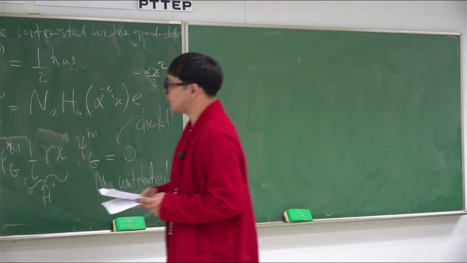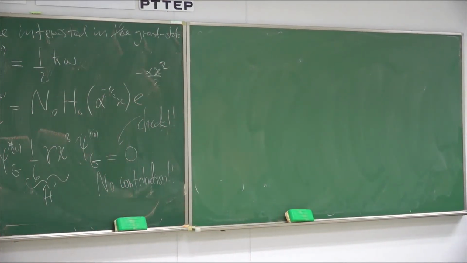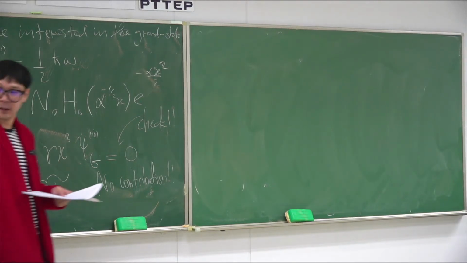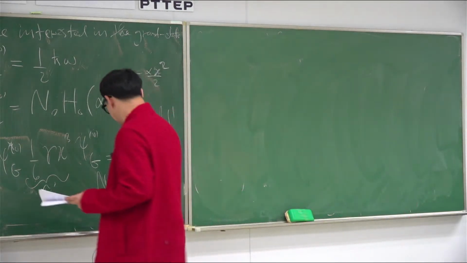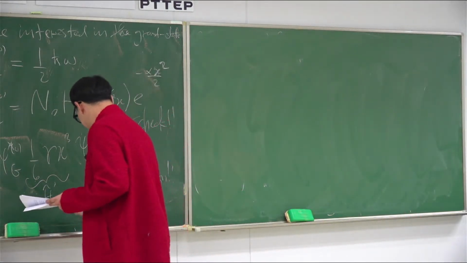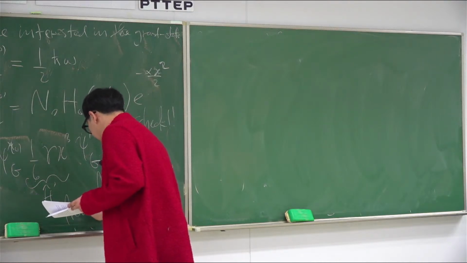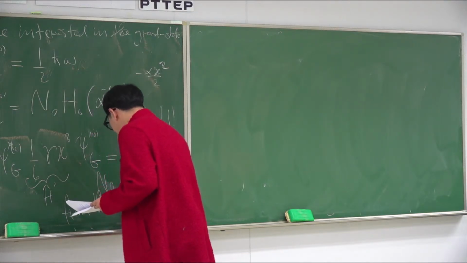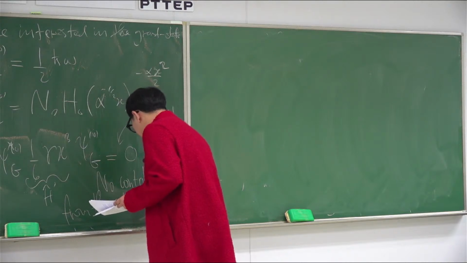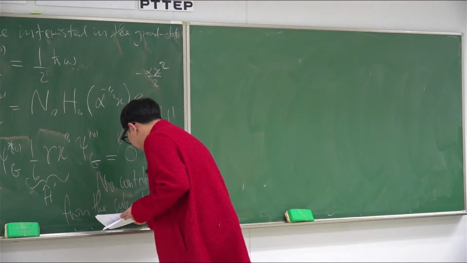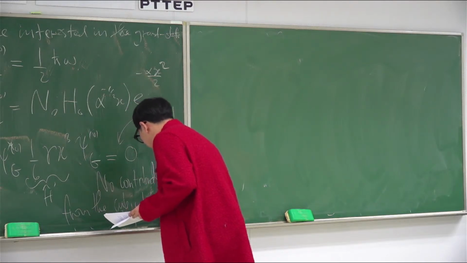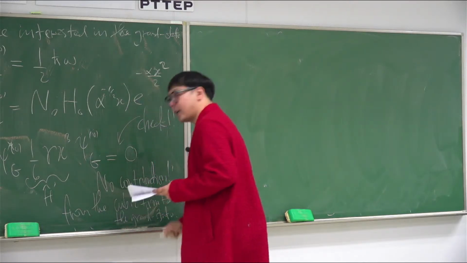But the question is, what about the second order? I don't know, you need to compute it yourself, okay? So, no contribution from the cubic term to the ground state, okay?